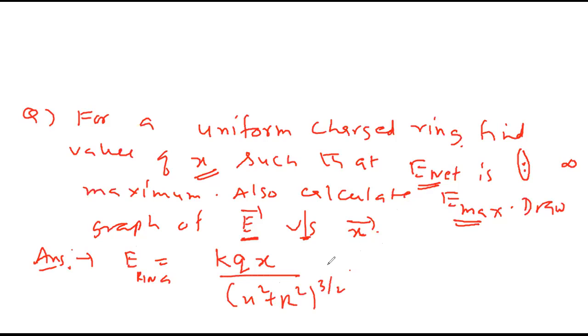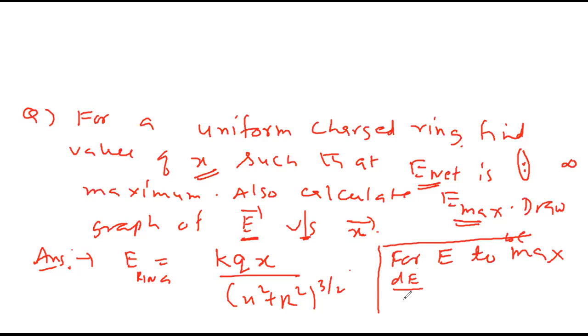Just now we derived. Correct? Yes, sir. So you want at what distance E will be maximum. From maths we know that for maxima or minima, the derivative of that quantity, where you want the maximum, with respect to x should be 0. Write this much first.